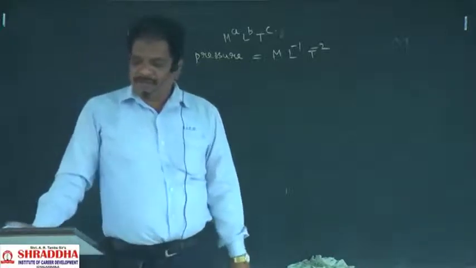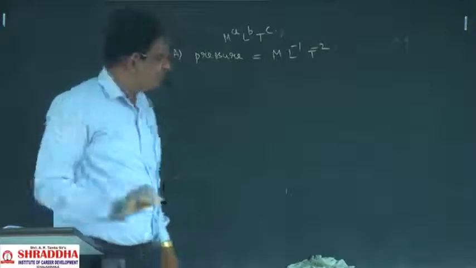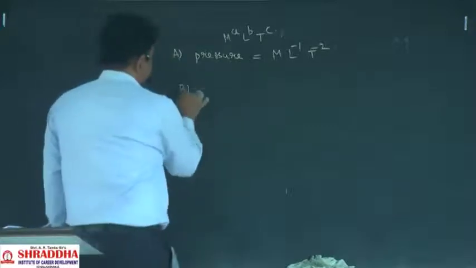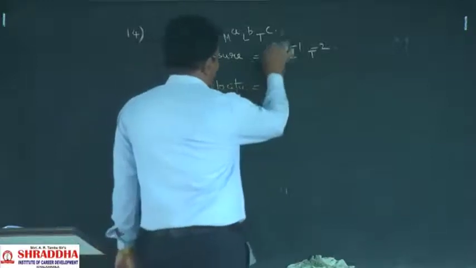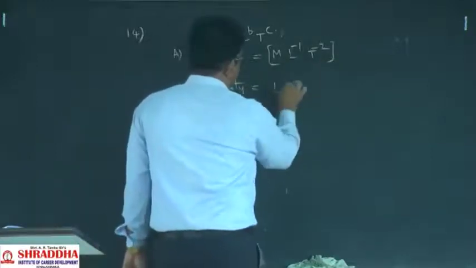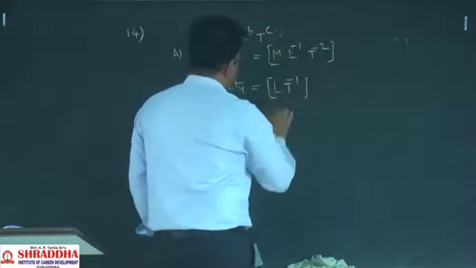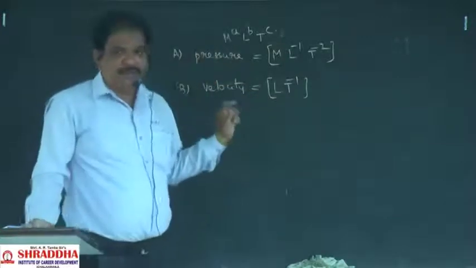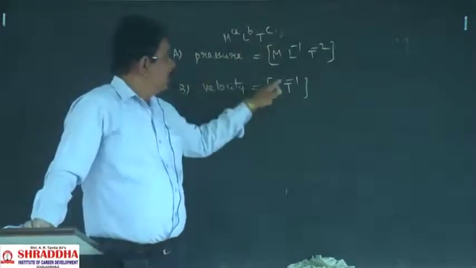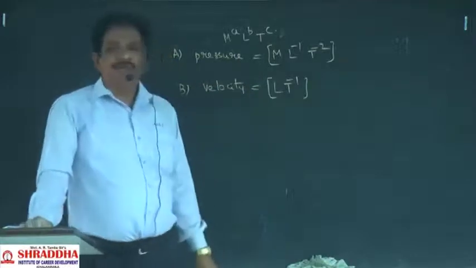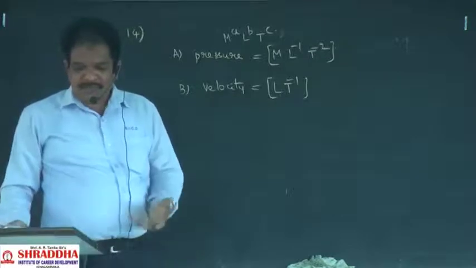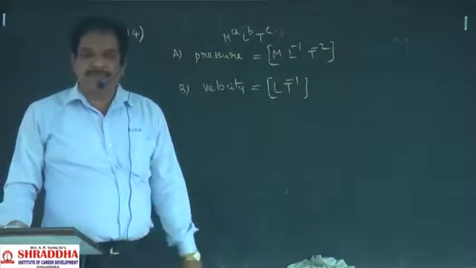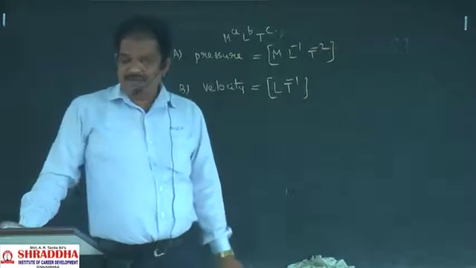The remaining also check. Velocity, L T power minus 1, means a is equal to 0, b is equal to 1, c is equal to minus 1. So the second option, B, will be wrong. Why?